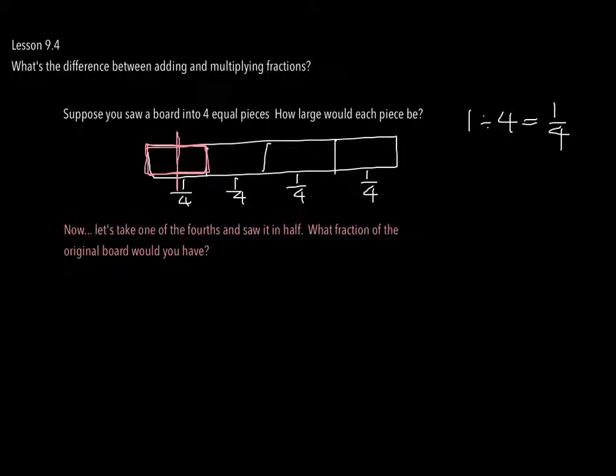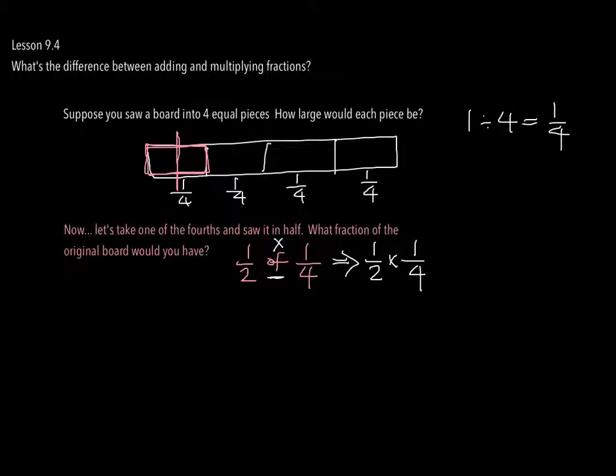So what have I done? Essentially, boys and girls, I have taken 1/2 of 1/4. Hopefully you remember from last time, when we see this "of," that means the same as multiplication. So this would be 1/2 times 1/4.